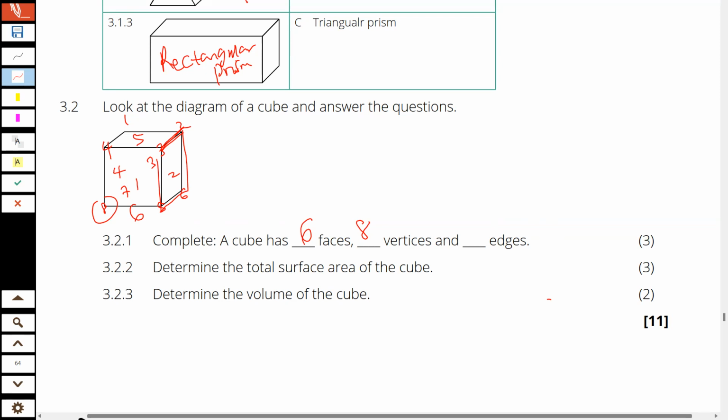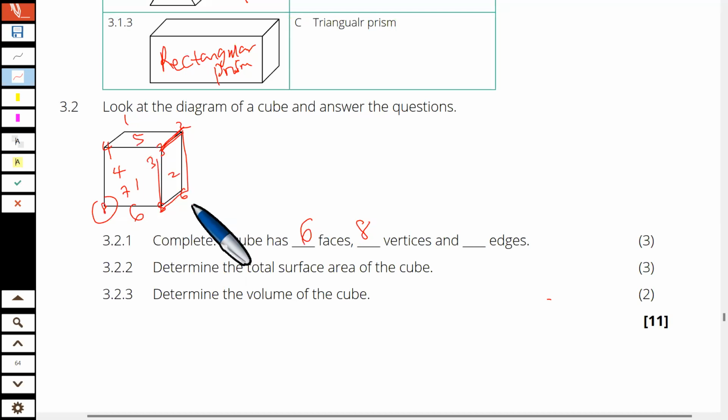Is it 24? If I'm counting correctly, let's count the edges at the top. This square at the top, how many edges does it have? 4. The bottom has 4, right?